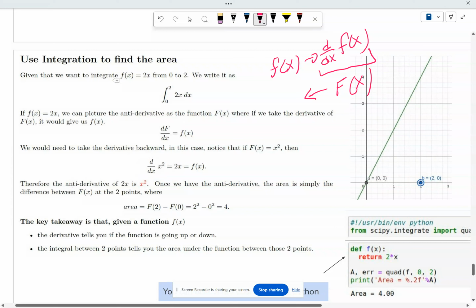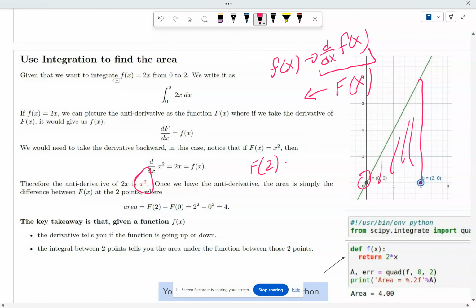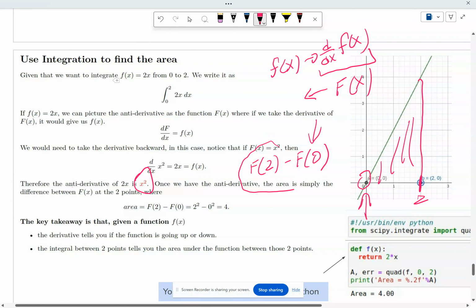Once we know this function, the area between a and b is simply F of 2 minus F of 0. You plug in the top limit, which is 2, and then the bottom limit. If you subtract them, that gives you the area under the curve.